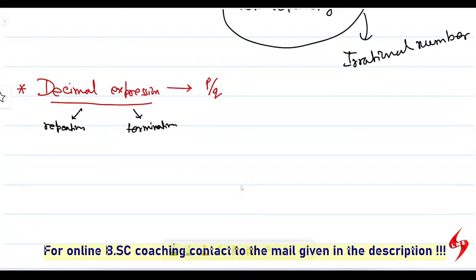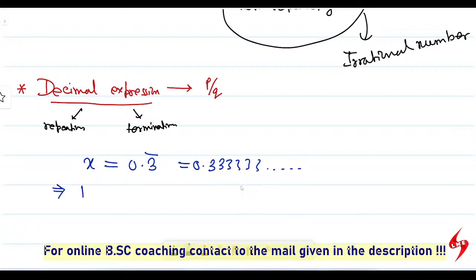A terminating decimal expression you can also convert to p/q, but the point is what happens to a repeating decimal expression. So here it is: 0.3 bar, convert it to p/q. Let x be this. That means 0.33333 and so many times.